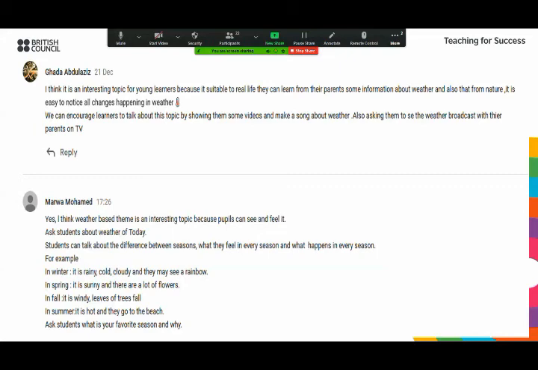For example, in winter it is rainy, cold, cloudy, and they may see a rainbow. In spring it is sunny and there are a lot of flowers. In fall it is windy, and leaves of trees fall. In summer it is hot and they go to the beach. Finally, ask students what is your favorite season and why.